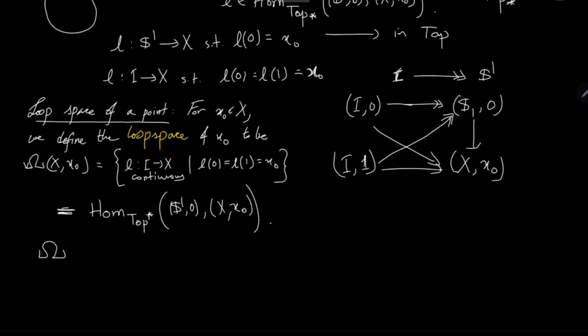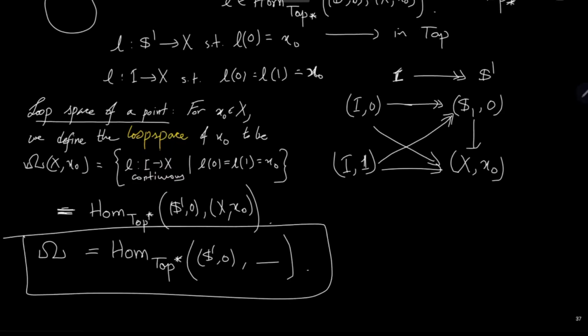Let's check this functor out. Omega is the loop space functor. We take any pointed topological space, and what do we actually return? We return a set of maps.